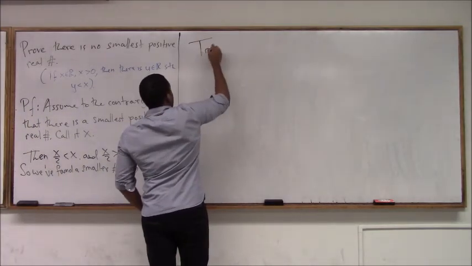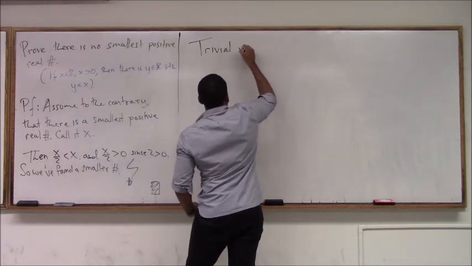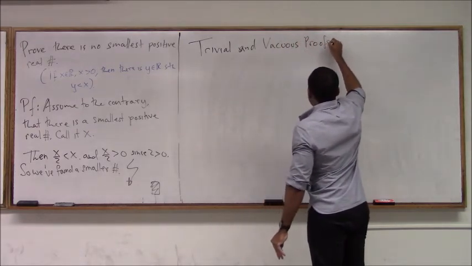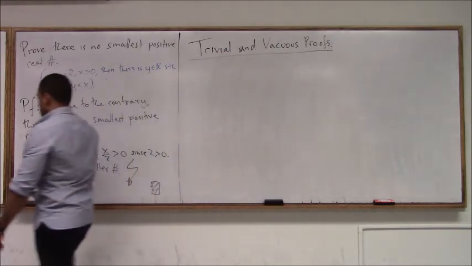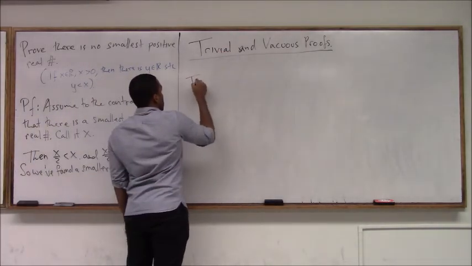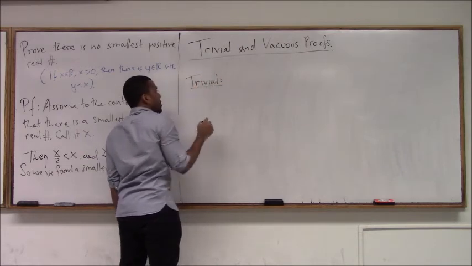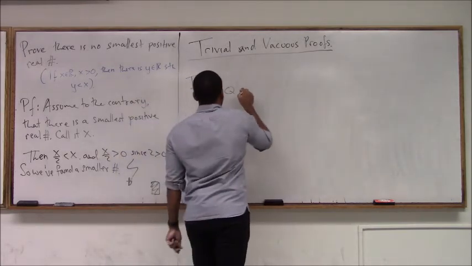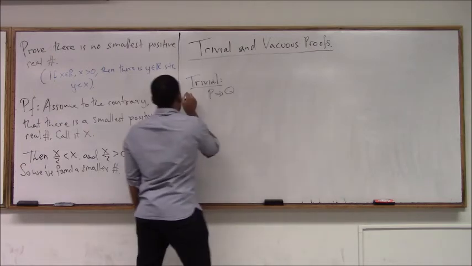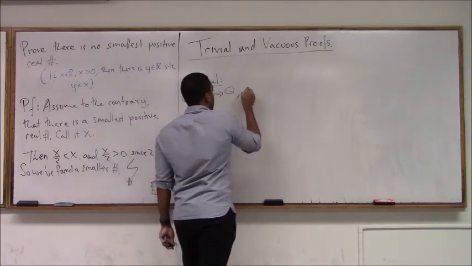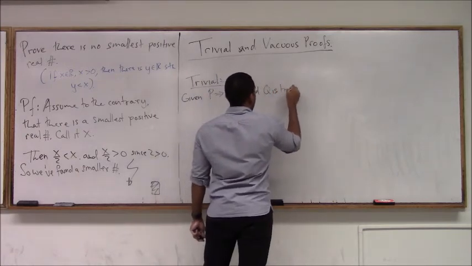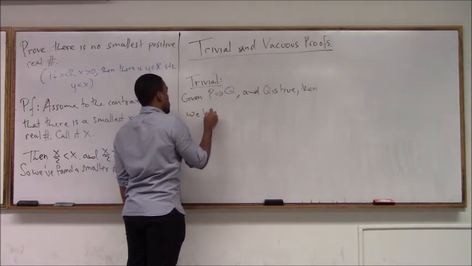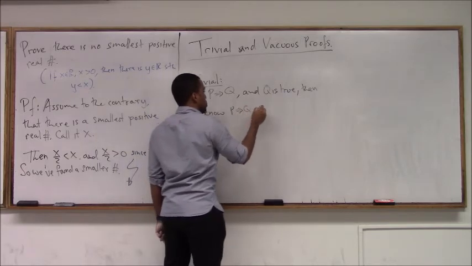I'll just mention trivial and vacuous proofs here. This is the idea that P implies Q. Given P implies Q and Q is true, then we know P implies Q is true.